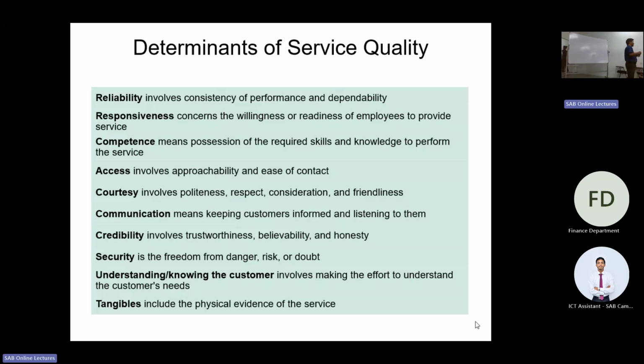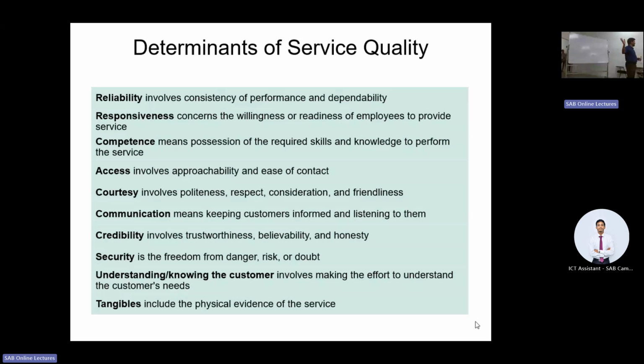Because those are professional services that have different quality dimensions. These are customer services, like banks, restaurants, hospitals, education institutes, and how customers assess the quality of the services based on these dimensions.